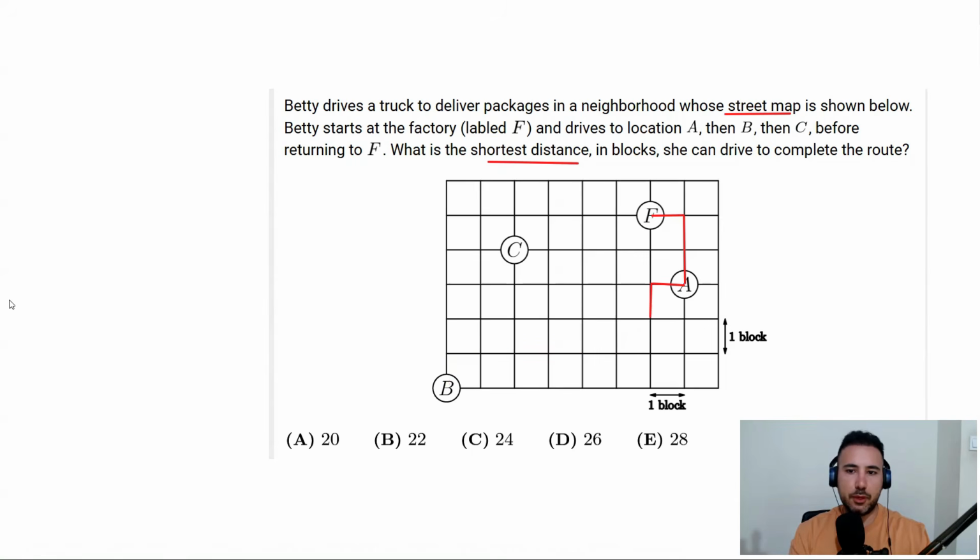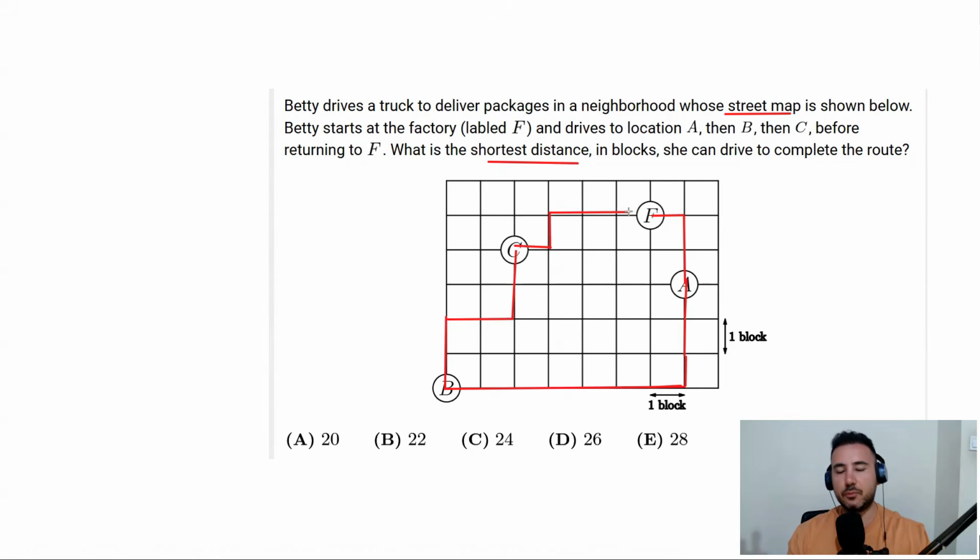Because to go from A to B, you need to go 3 downs and you need to go 1, 2, 3, 4, 5, 6, 7 to the left. It doesn't matter like the order that you go with. So again, for example, I'm going to go like this, then here, then here. For this one, I'm going to go 1 up or maybe like go 1 right, like this.